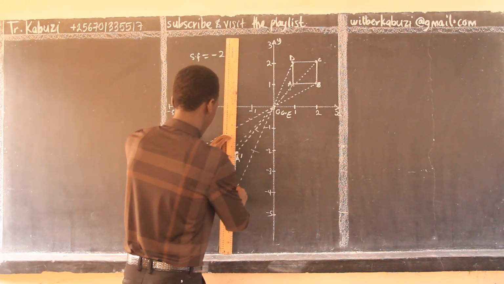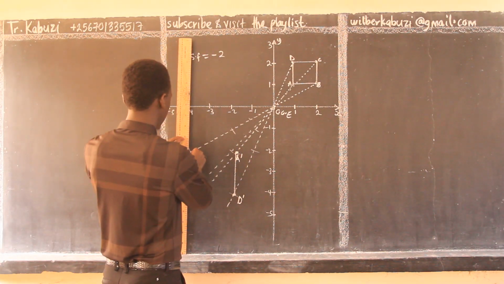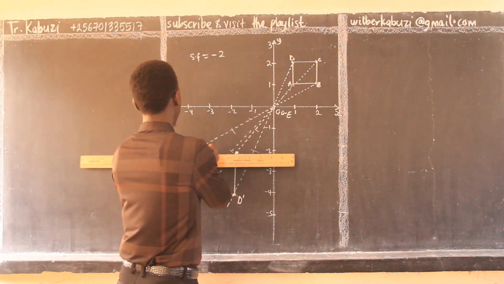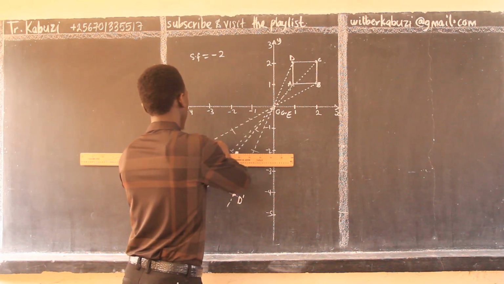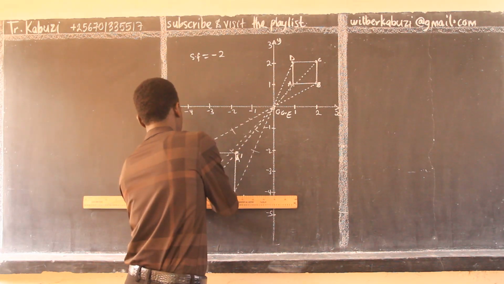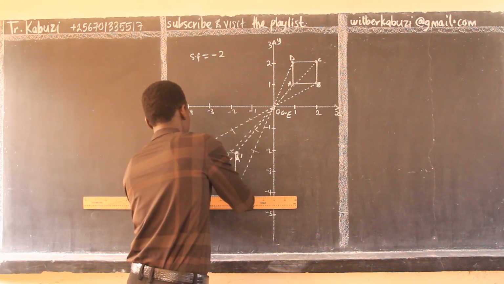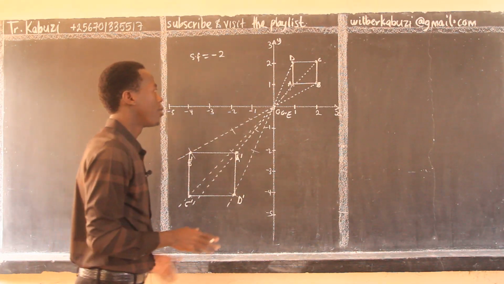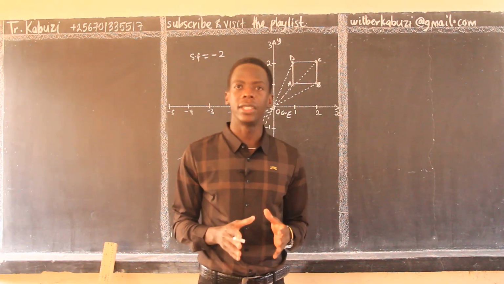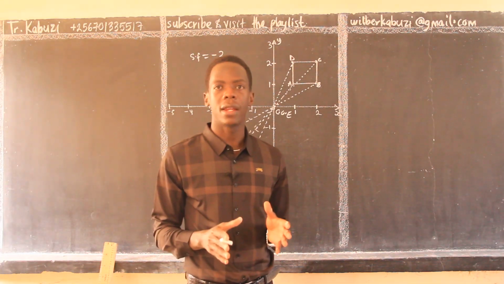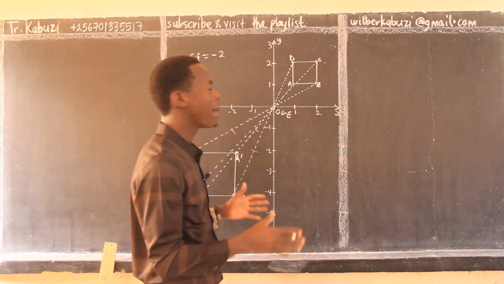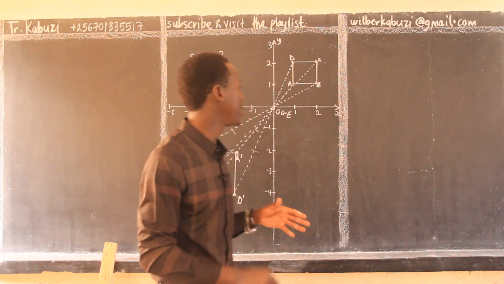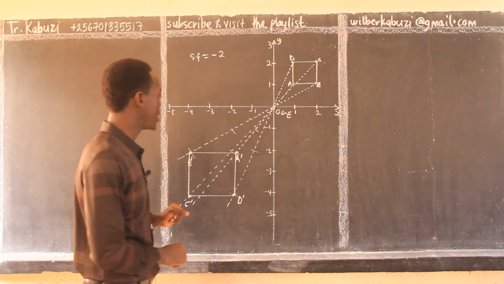So join that to that, join this to this, then also this one here. So from here, you see that when you are enlarging, if the scale factor is not 1, then the size is always different, but the shape is maintained in enlargement.